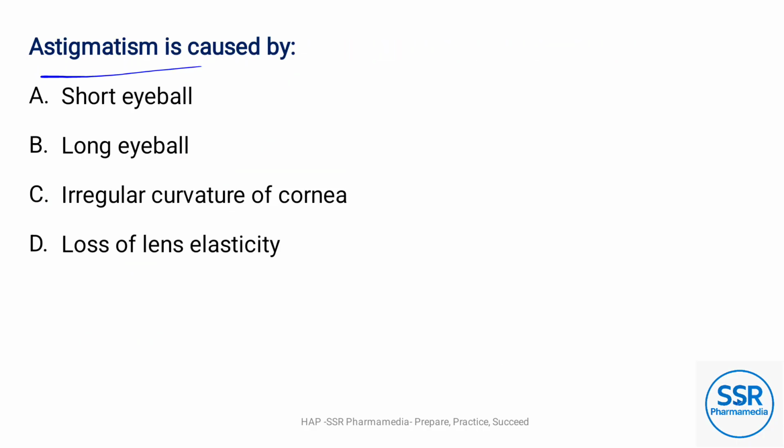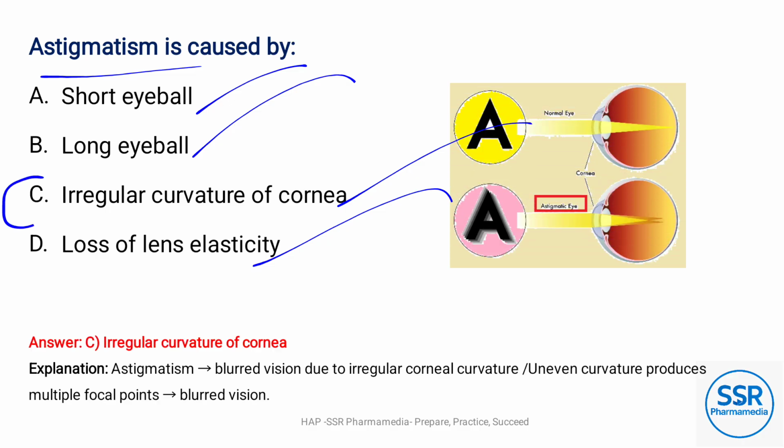Astigmatism is caused by option A, short eyeball, option B, long eyeball, option C, irregular curvature of cornea, option D, loss of lens elasticity. So the answer is option C, irregular curvature of cornea.